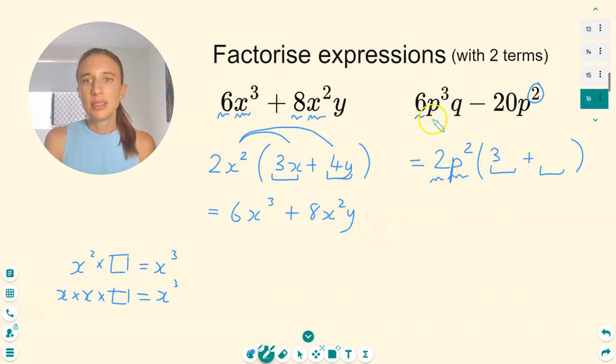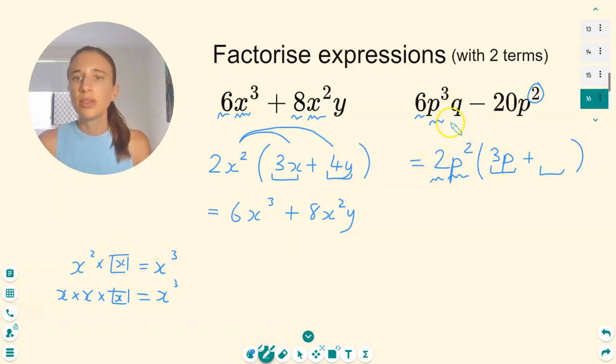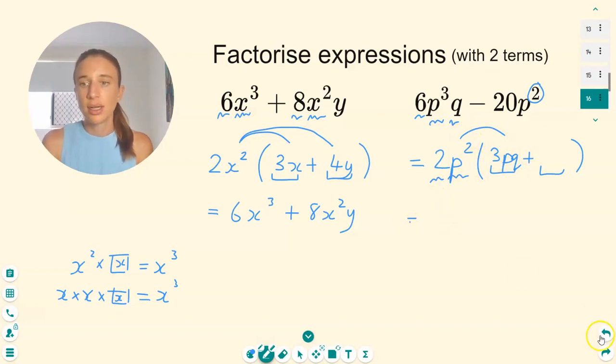P squared times what gives me p cubed? Well, that comes back to that little rule over there. P. And then 2p squared times what will give me 6p cubed q? We need to get a q in there, since it's not already in there. You can check that, and I'll let you check at home due to time.